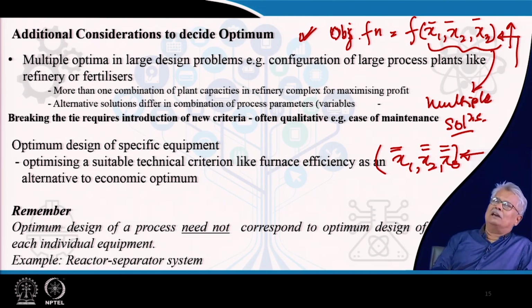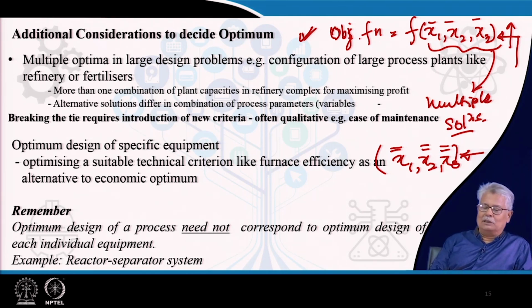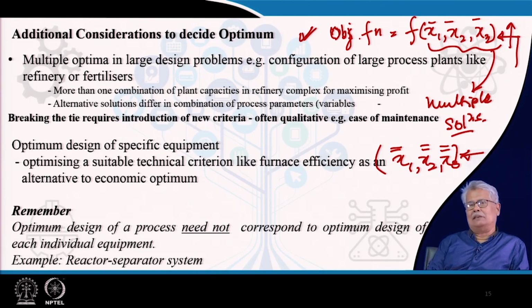So here is an example where more than one combination of the plant capacities in the refinery is going to give us the same optimum value. Alternative solutions do exist, and we break the tie by introducing a new criteria which could be qualitative even.